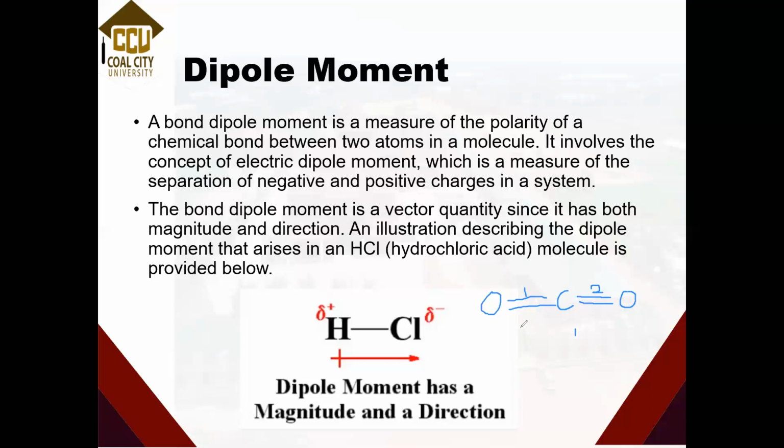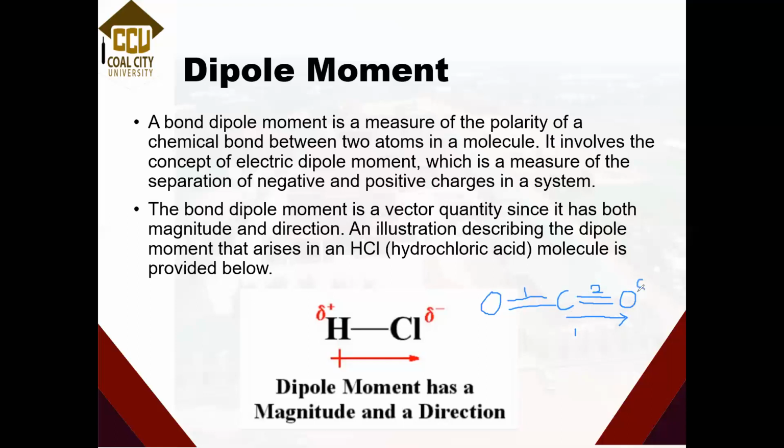That's why we represent it with an arrow. You will see it in the next slide where I stated that. If I write such a structure like this, I will represent it with an arrow moving towards the negatively charged atom, showing that the direction of dipole moments always moves towards the negatively charged atom.